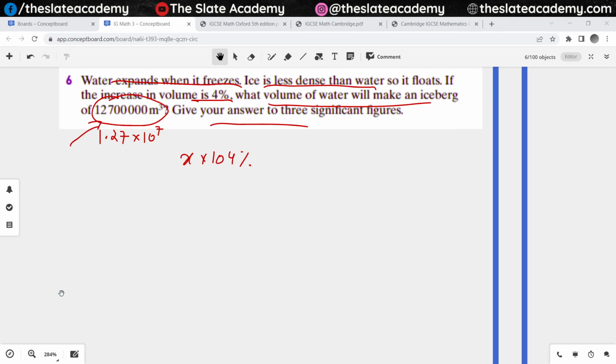So when x becomes 104%, it is 1.27 into 10 to the power 7. Understood, Miss Anam? So now simply to find the value of x, I will say 1.27 into 10 to the power 7 divided by 104.